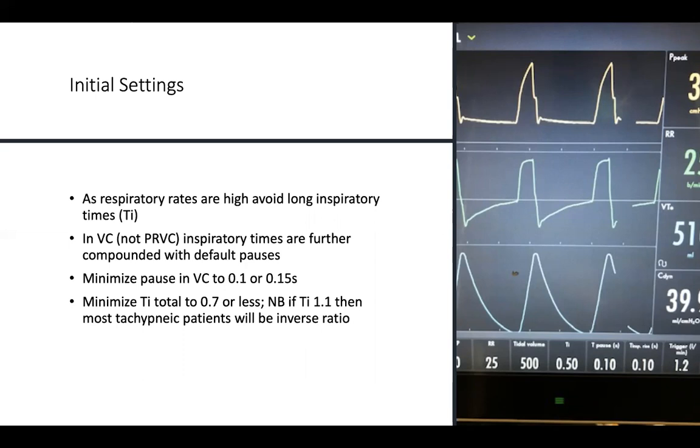This issue with inspiratory times is compounded further in volume control mode if there's a pause that's especially long, and in that case, again, the pause time should be truncated. Trying to target the total inspiratory time to 0.7 seconds or less usually leads to flow rates in the 48 to 60 range, and avoids having inverse ratio in tachypneic patients.